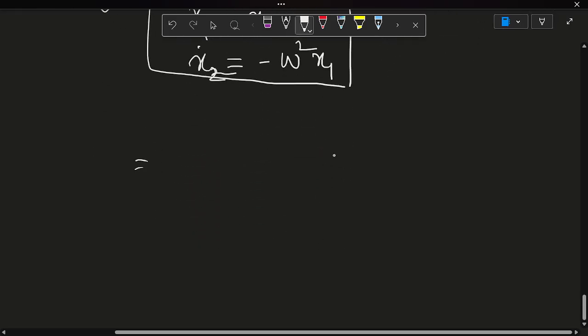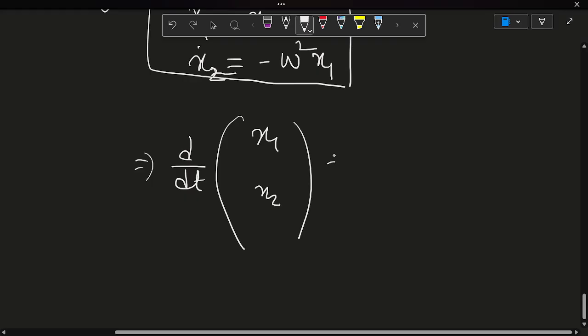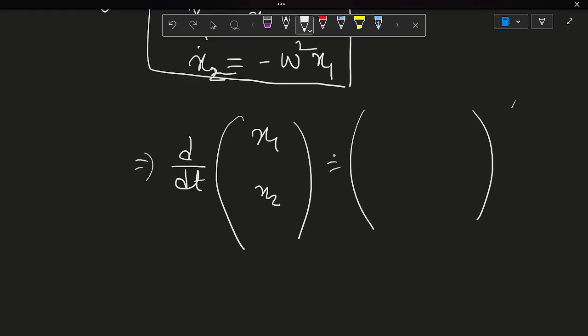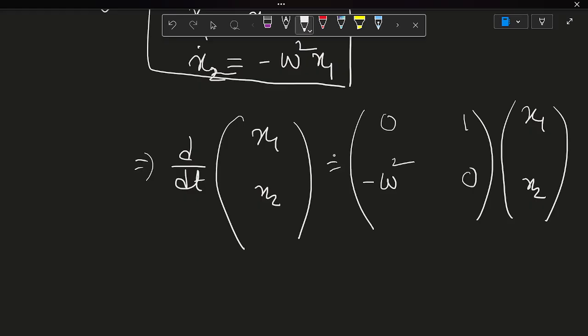So how can you write this in matrix form? d/dt of (x1, x2) equals a matrix times (x1, x2). Since x1 prime is x2, the first row is 0, 1, and x2 prime is minus omega square x1, so the second row is minus omega square, 0.